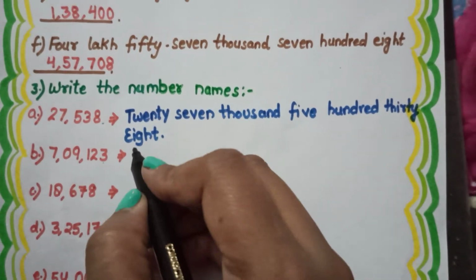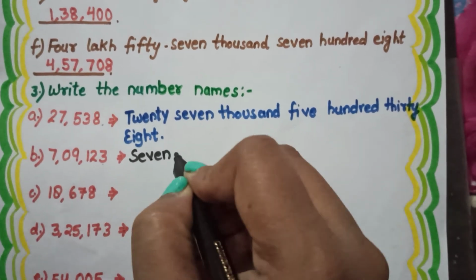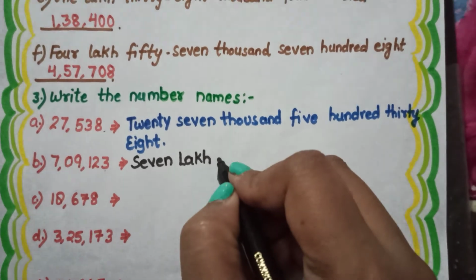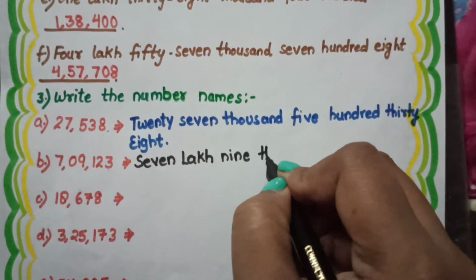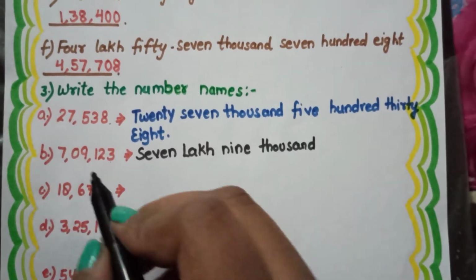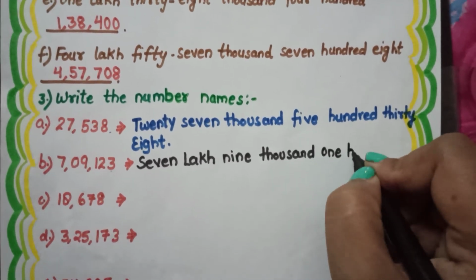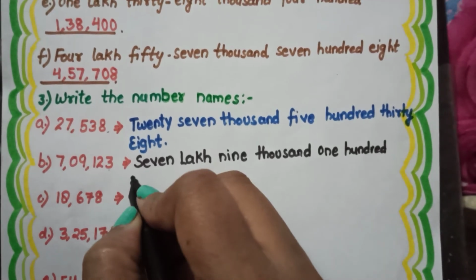Okay, so let us begin. 7 lakh, then 09 means 9,000, then 123 means 100, 23.